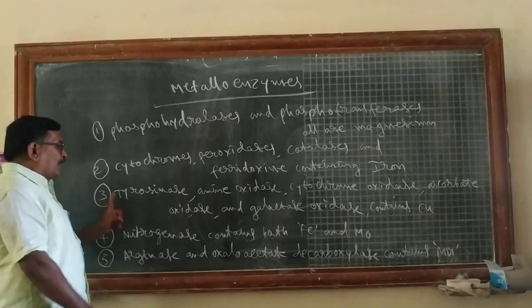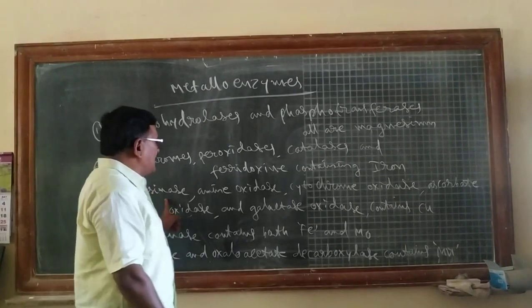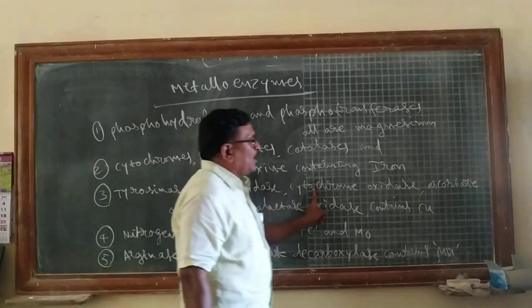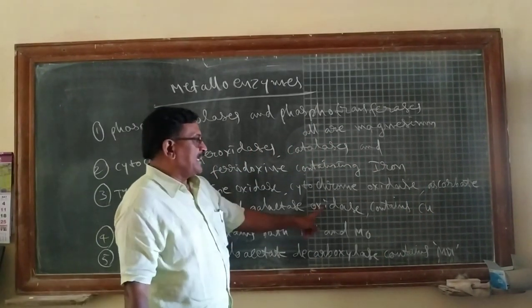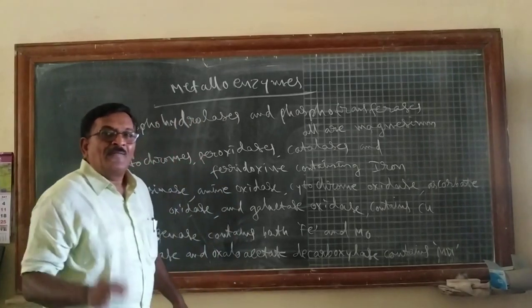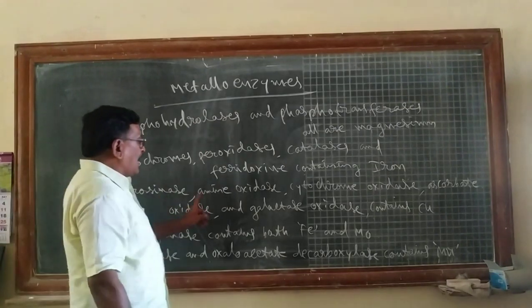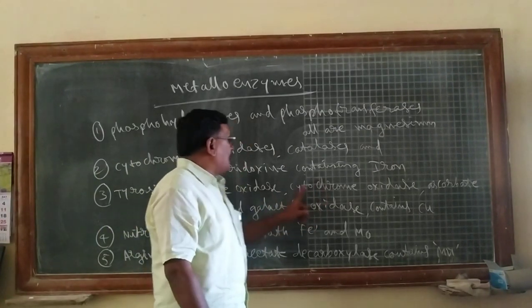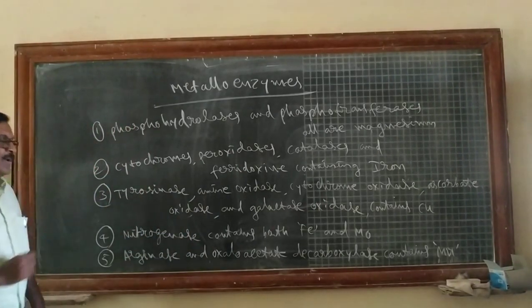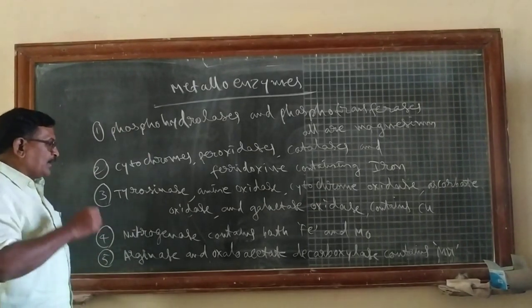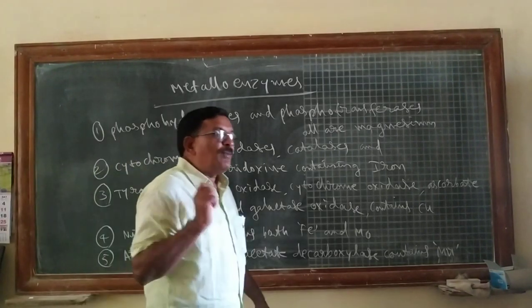The third one is tyrosinase, amine oxidase, cytochrome oxidase, ascorbate oxidase and galactose oxidase, which contain copper. The fourth one is nitrogenase, which contains both iron and molybdenum.